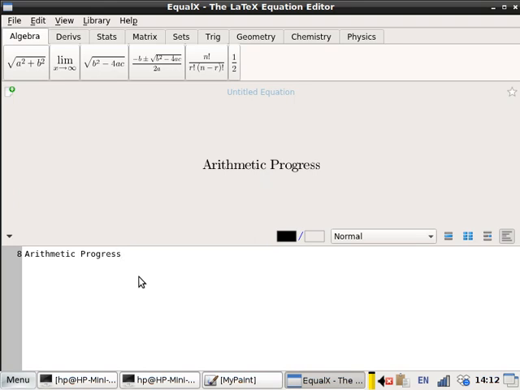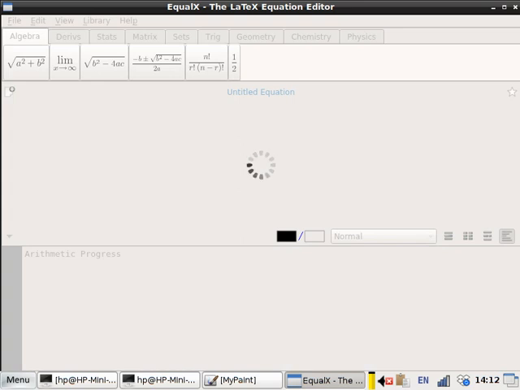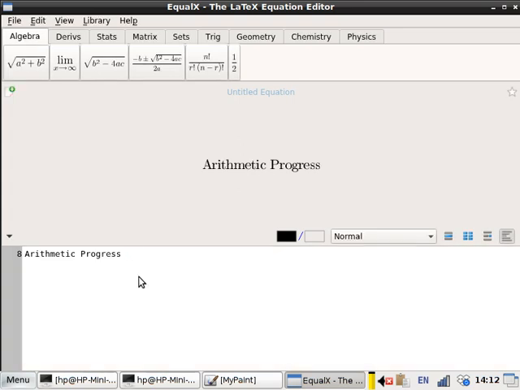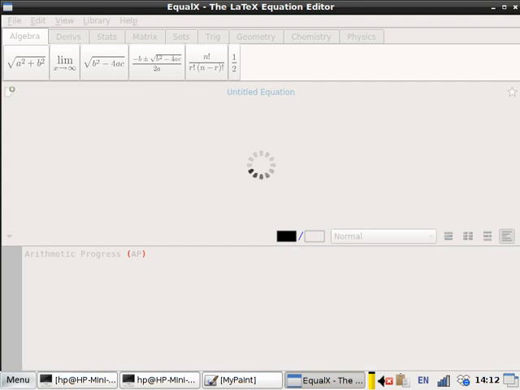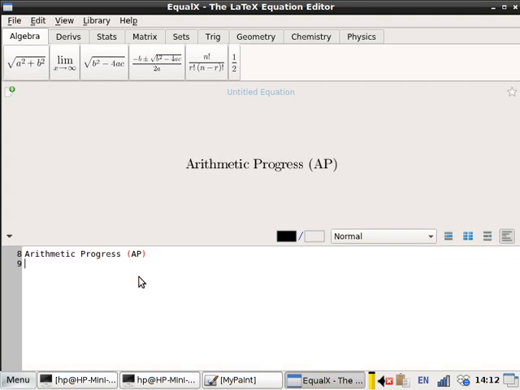So we're having a look at arithmetic progression, or as it's often abbreviated, AP for short. Arithmetic is like the word arithmetic, which means to add.